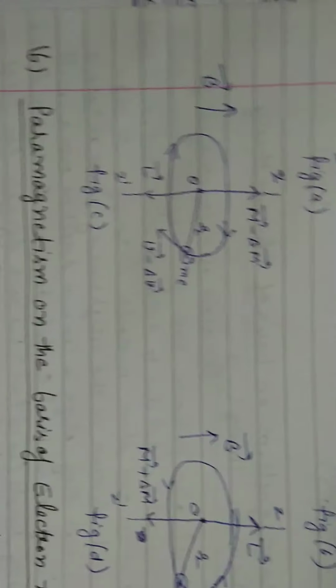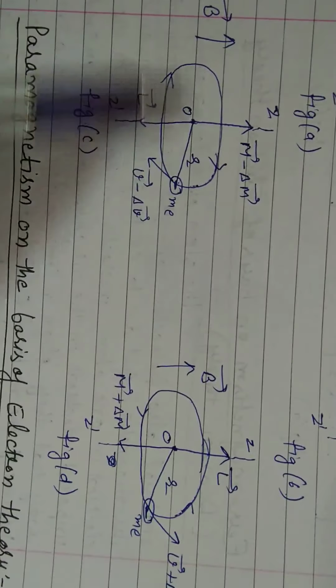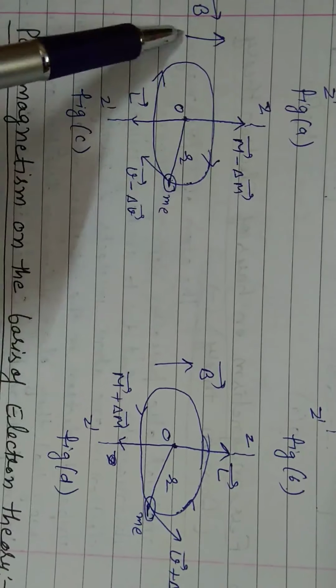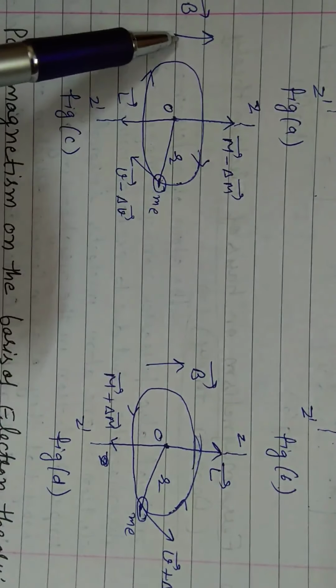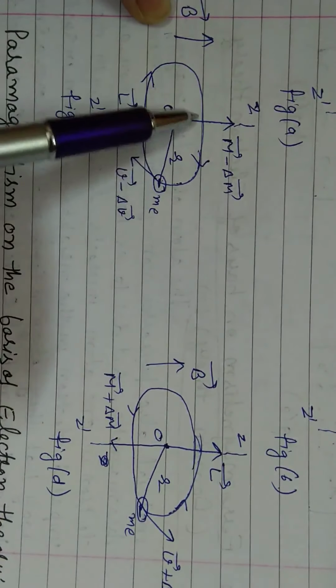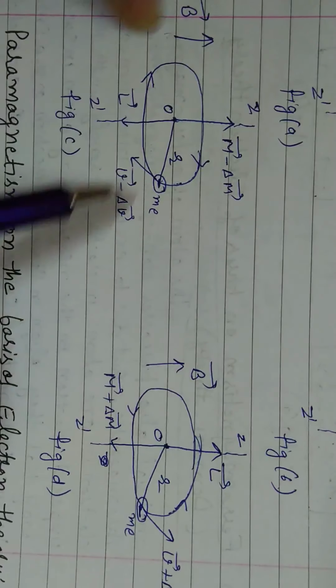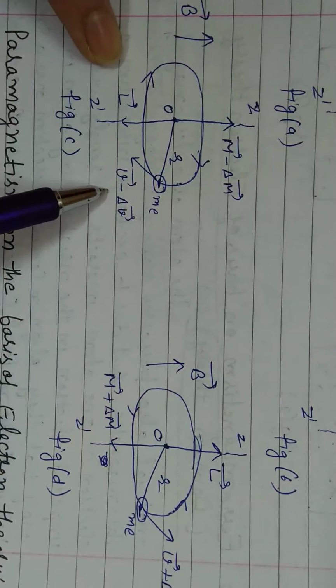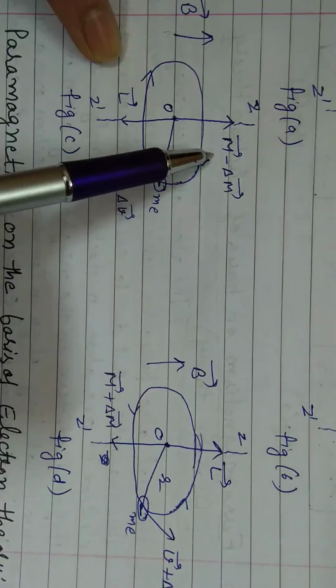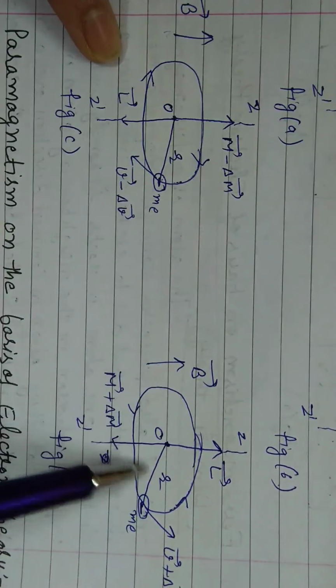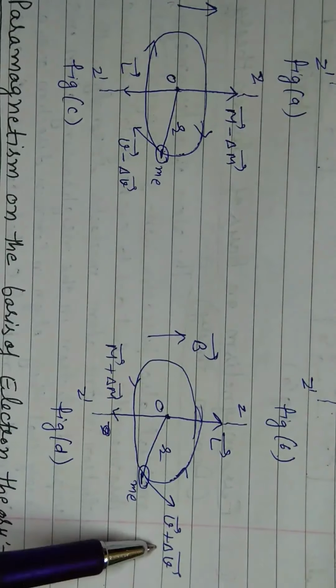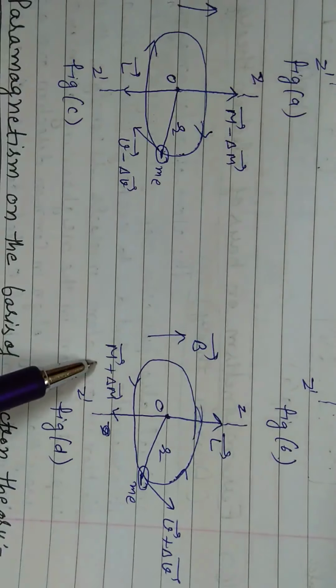But when the magnetic field is applied, the electron revolving anti-clockwise decreases its velocity and angular momentum, and the one revolving clockwise increases its velocity and angular momentum.